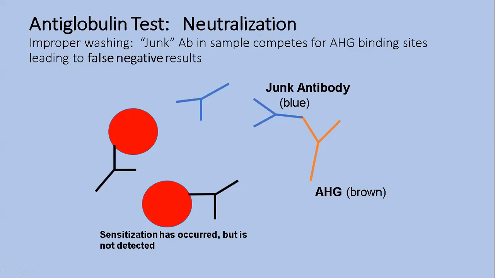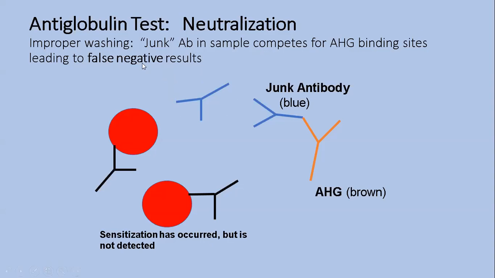So the rule of thumb is anytime we're getting ready to add AHG, we need to wash our tubes 3 times with saline to remove unbound proteins, which could mean junk antibodies that could be present in the sample. Okay? Failure to wash appropriately, let's look at this tube.